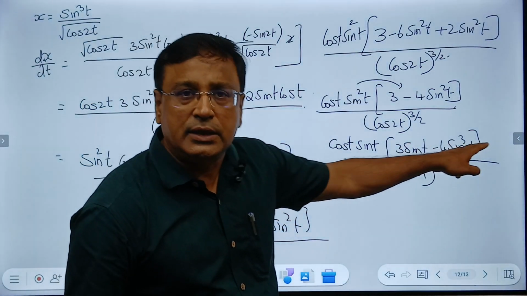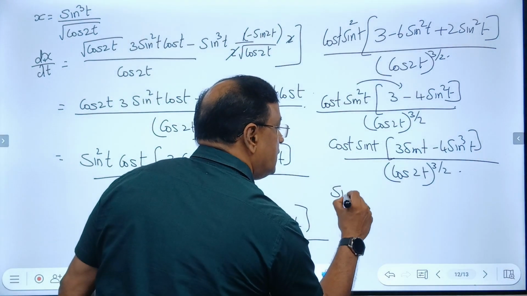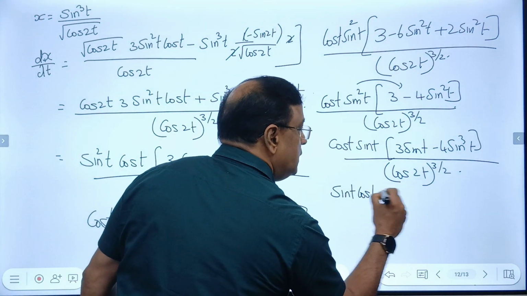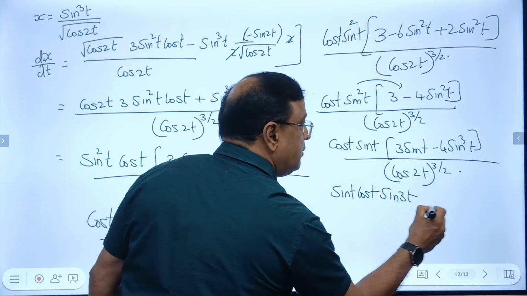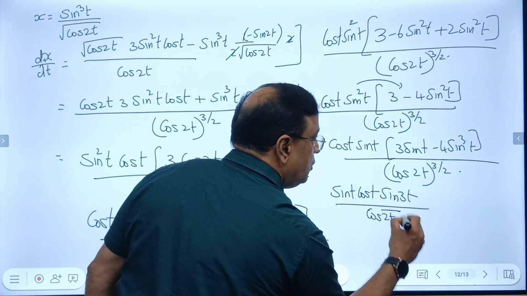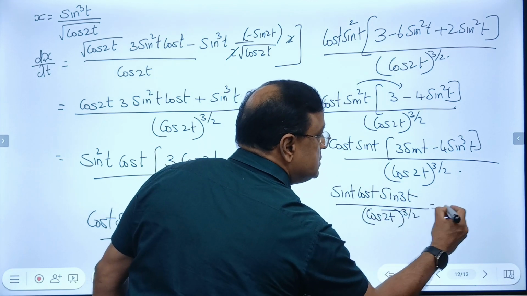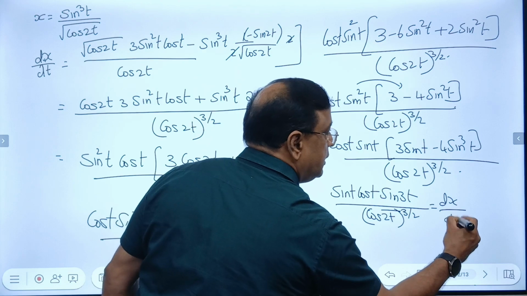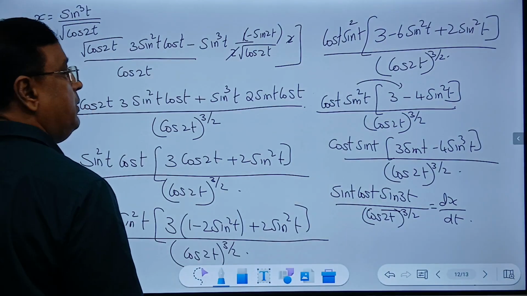Clearly this is sin 3a formula. So this is sin t cos t sin 3t divided by cos 2t the whole power 3 by 2. This is your dx by dt. Now I want to find dy by dx.